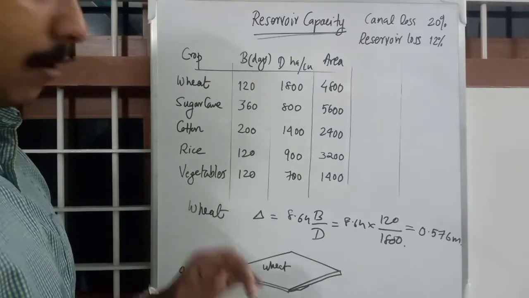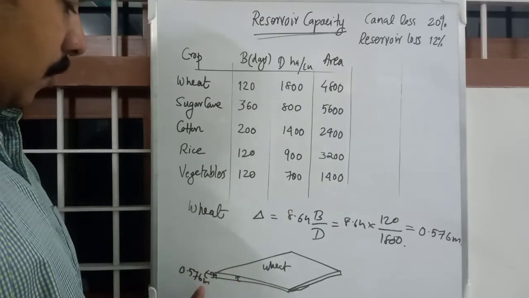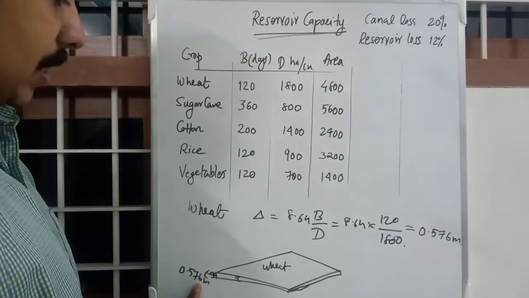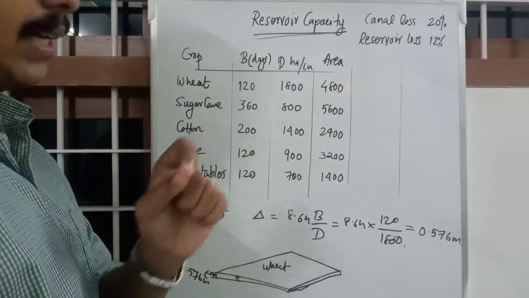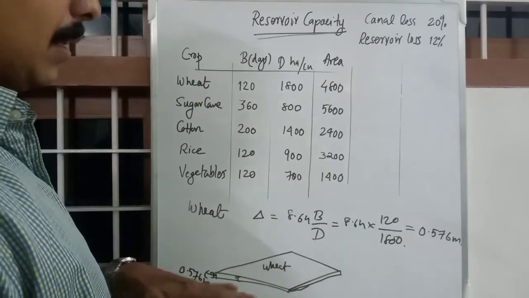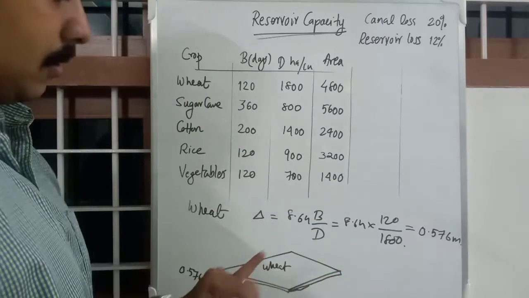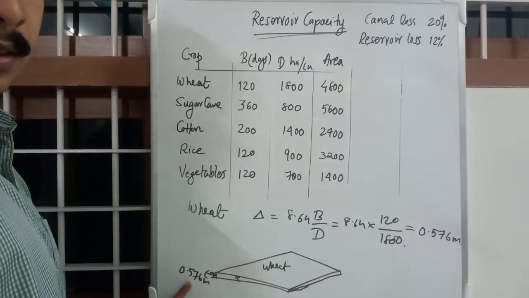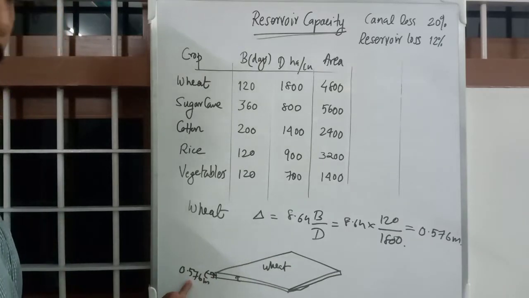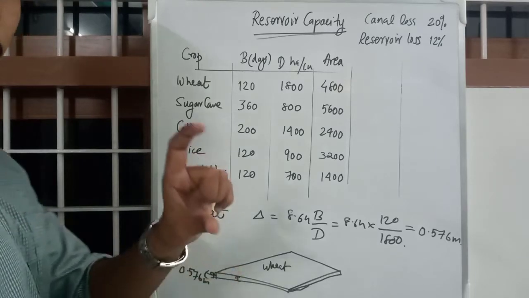So you have delta of 0.576 for a single hectare, a unit area, to cultivate wheat. For a single hectare you will need only 0.576 meter of height.